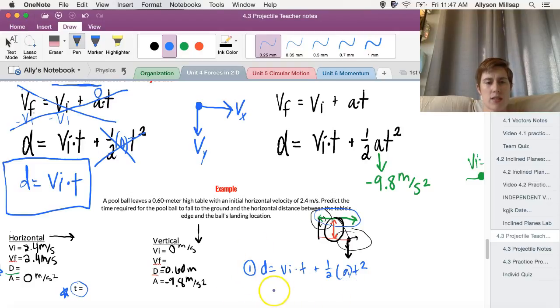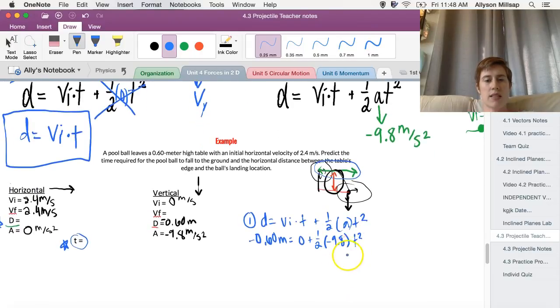To find distance, oh, well, we're not finding distance, we're finding time. Here's the distance. My initial speed is 0, so 0 times time is just 0, plus half of my acceleration, which is negative 9.8, times t squared.